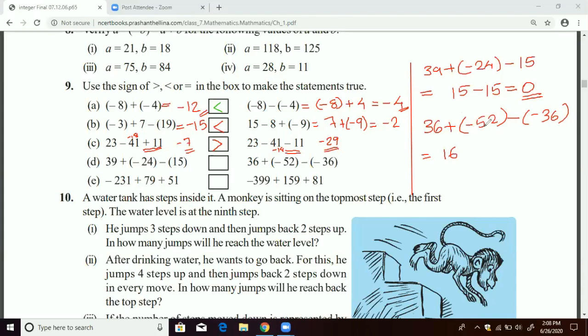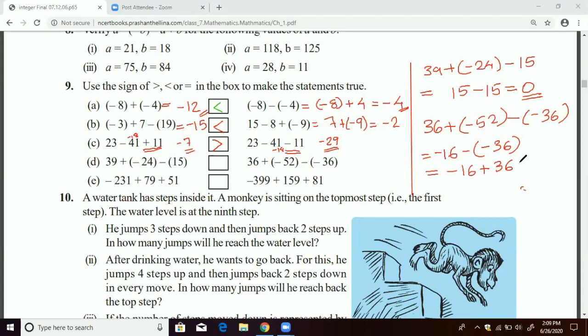And the greater absolute value is 52. Its sign is negative. Negative 16 minus 36. So this again you can rewrite as negative 16 plus negative 36. Sorry, negative 16 minus 36.